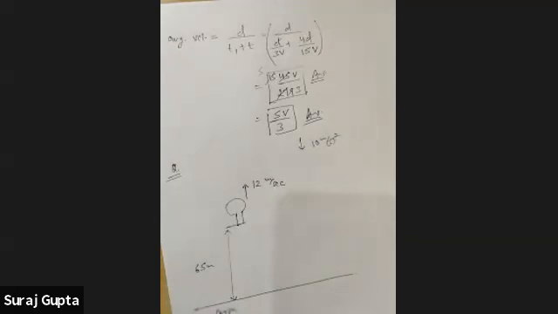If I want to jump off from the train, what would be my velocity at the instant when I jump out? It would be the same, 60 kilometer per hour.